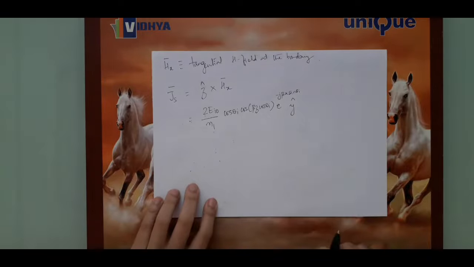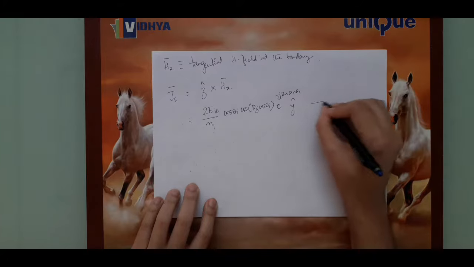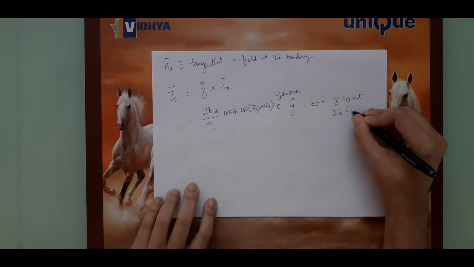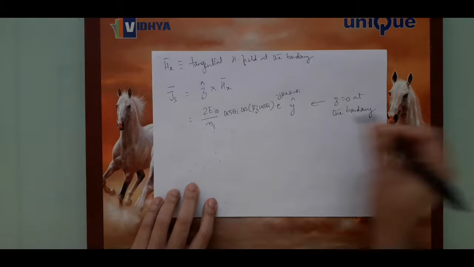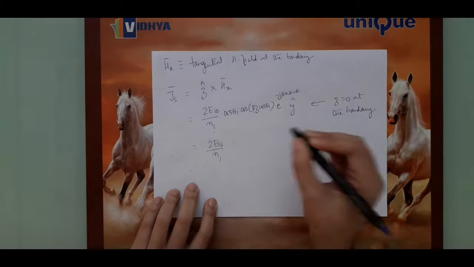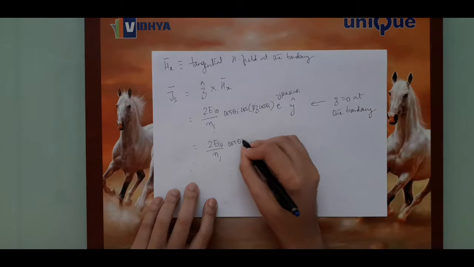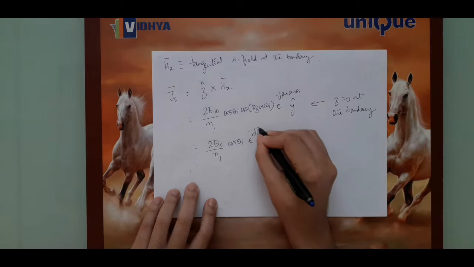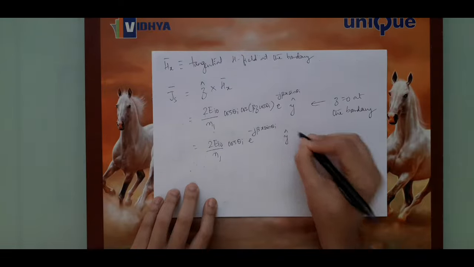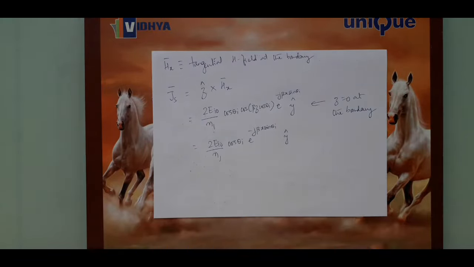So at the boundary z becomes 0, so this cos term becomes 1. So here we get 2E_i0 by eta 1 cos theta I e raised to minus j beta x sine theta I, y component. So this is what it looks like.